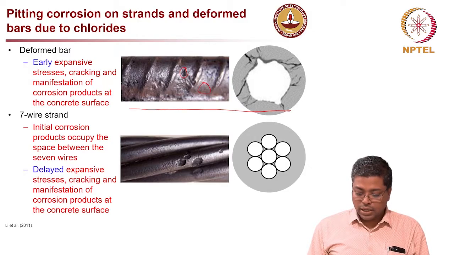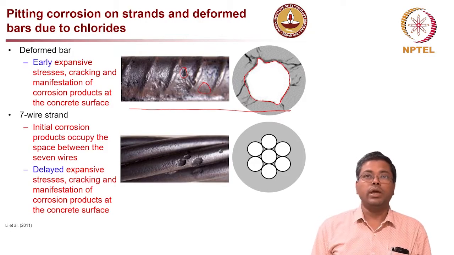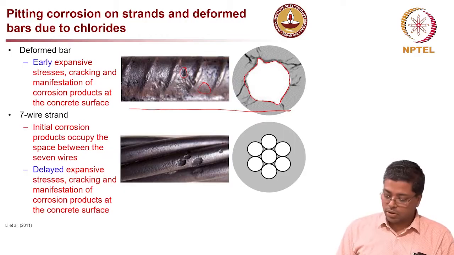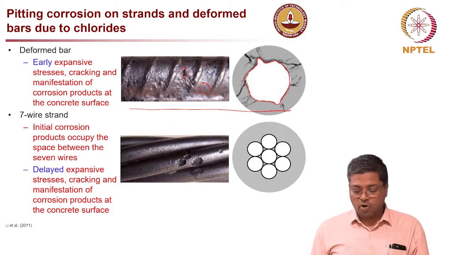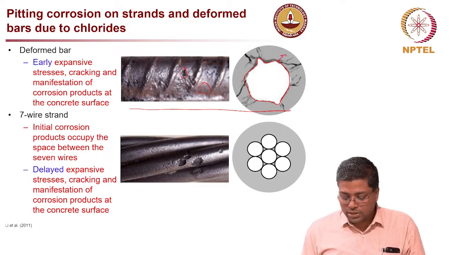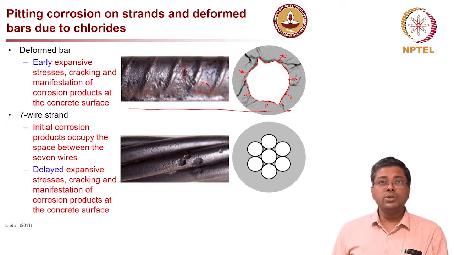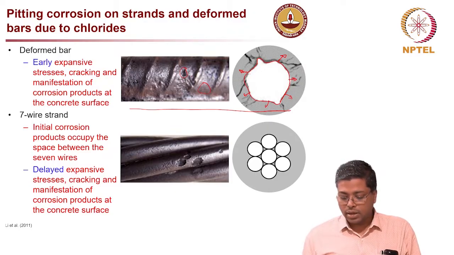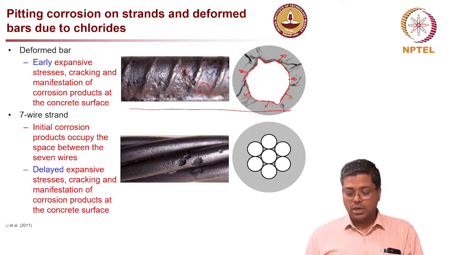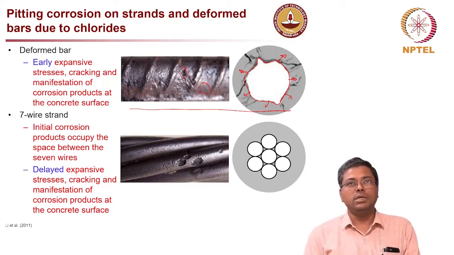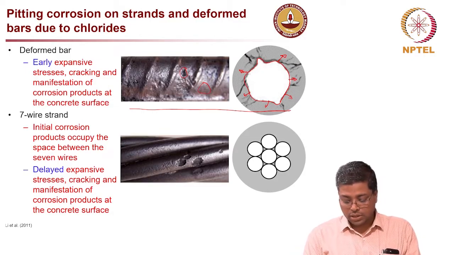The point here is there is no space like in the case of strands. It's a single solid bar, and the only surface which is corroding is in contact with the concrete. So whatever rust is formed will very quickly exert expansive stresses on the nearby concrete, leading to cracking, followed by the oozing out of rust through the concrete cover, and you can see brown stains on the concrete surface.